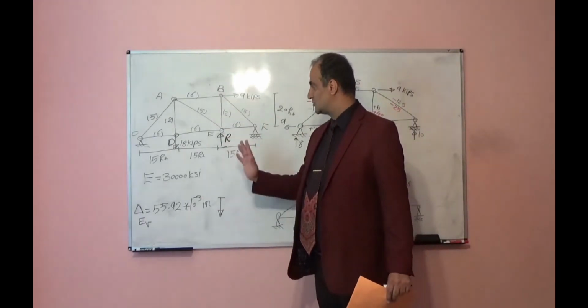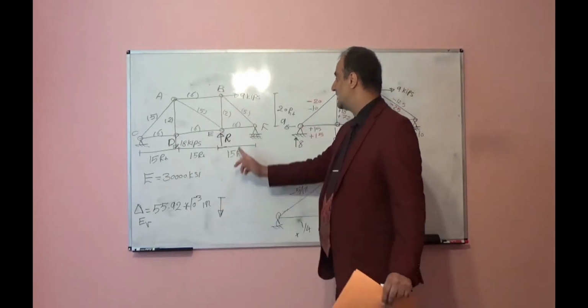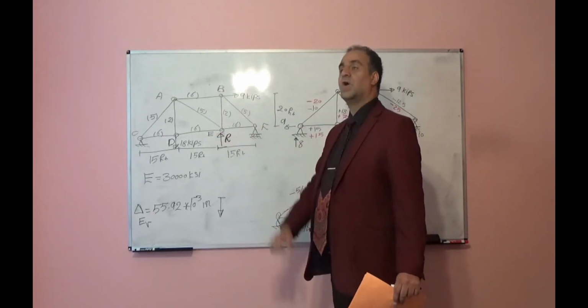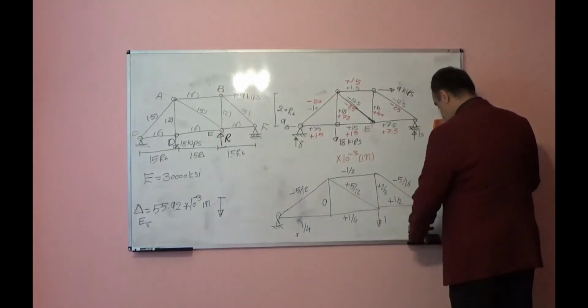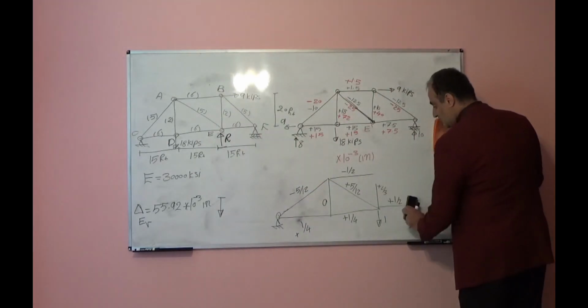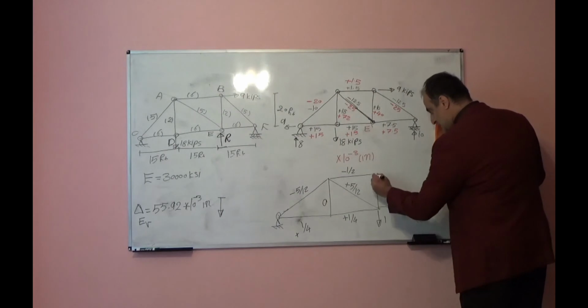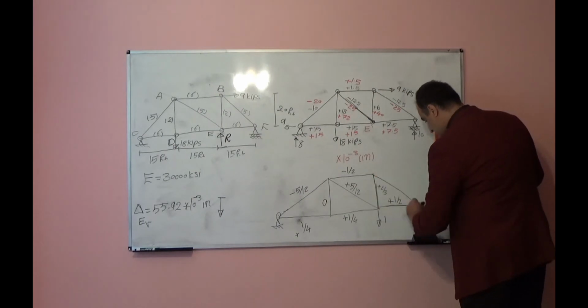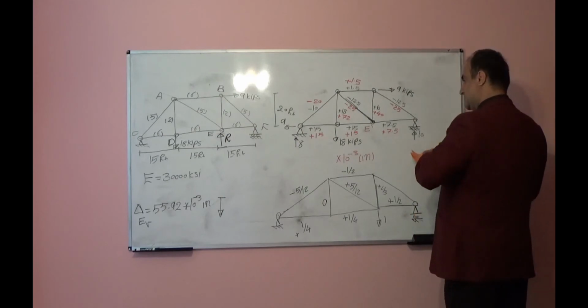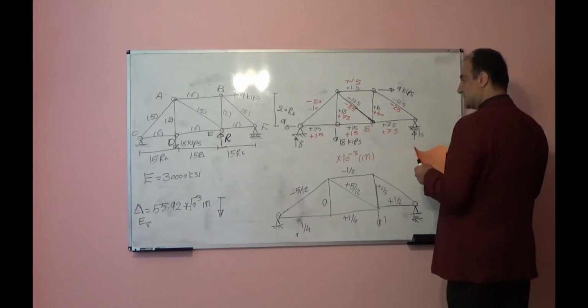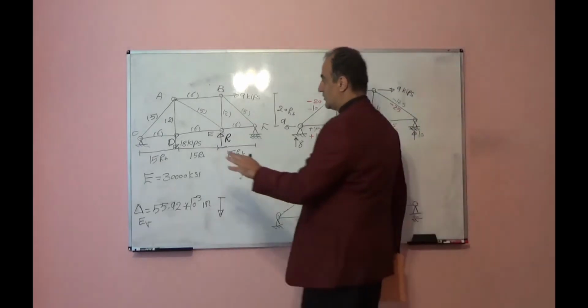Now, assume we have this truss under load of R. We don't have this external load. Let's see how much point E will move up if we apply that load R. So, next step, you will remove all external load.